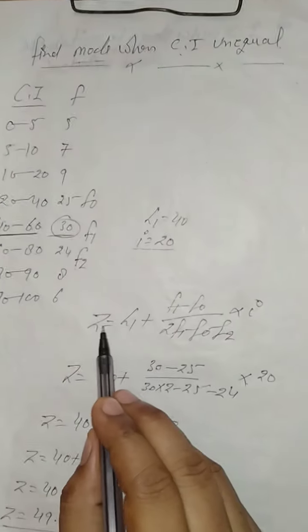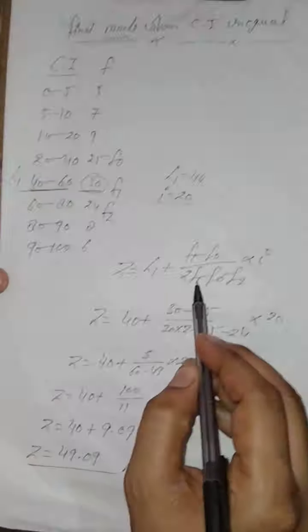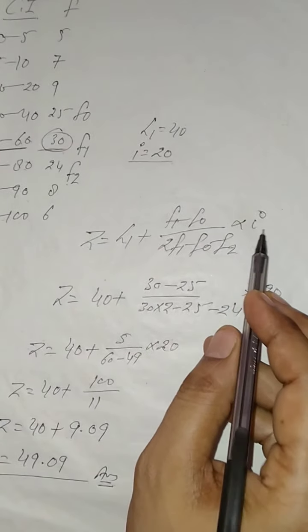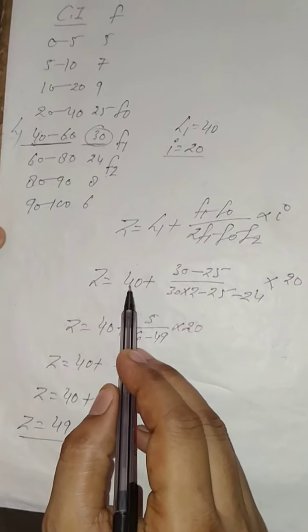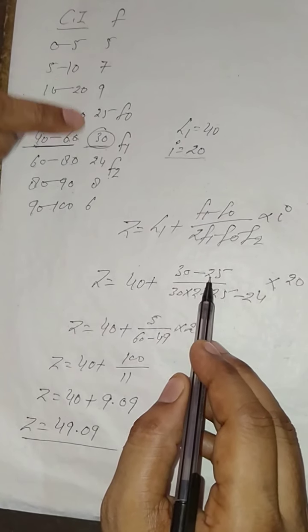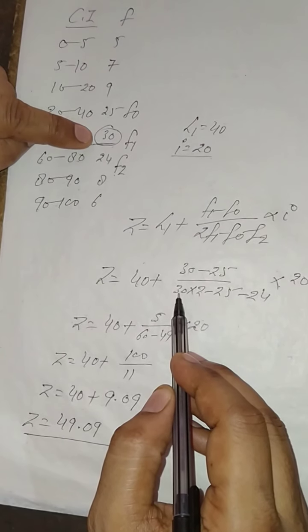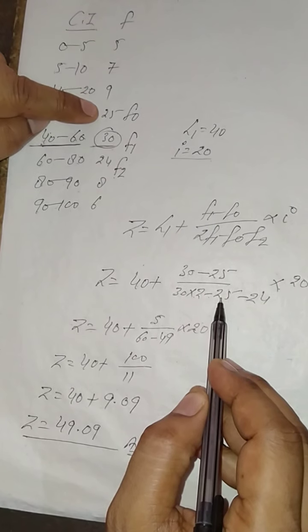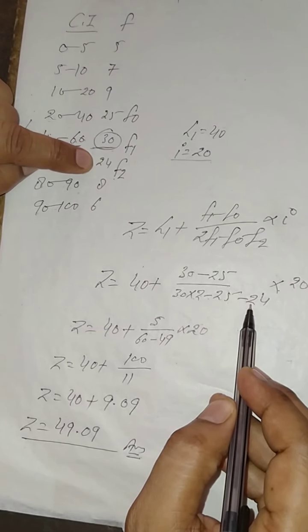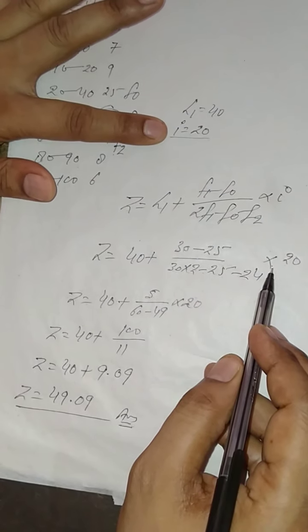Then you will apply the formula: Z is equal to L1 plus (F1 minus F0) divided by (2 F1 minus F0 minus F2) into I. So Z is equal to L1, 40, plus F1 30 minus F0 25, divided by F1 30 into 2 minus F0 25 minus F2 24, into I, the interval, that is 20.